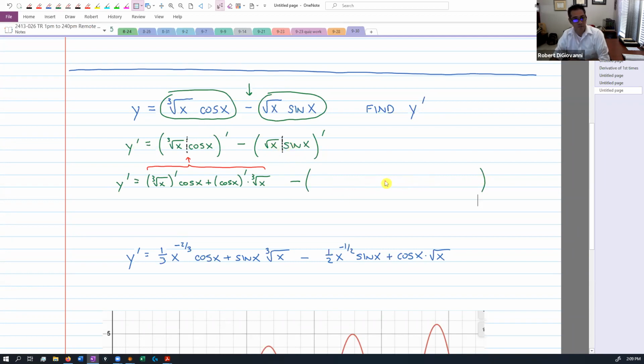Does that make sense, everyone? Because you're subtracting the entire expression, whatever it turns into. So when I do the product rule here, I take the derivative of the square root of x, which I'll do in the next step, times the second one, sine x, plus the derivative of sine x times the first one, which is the square root of x.